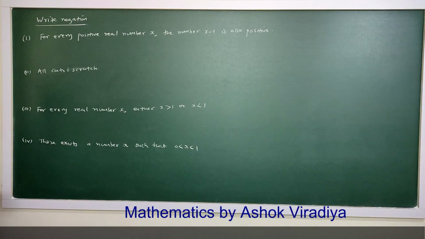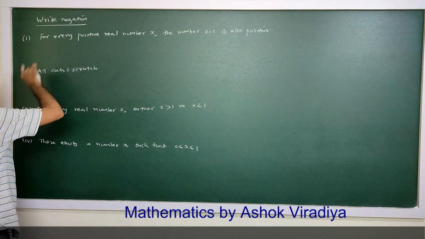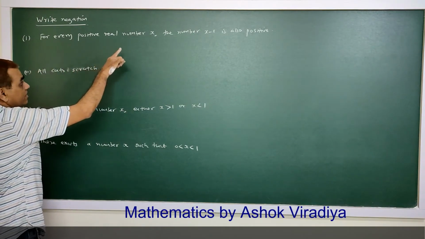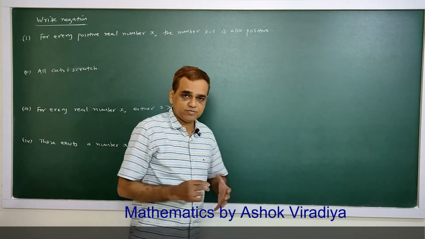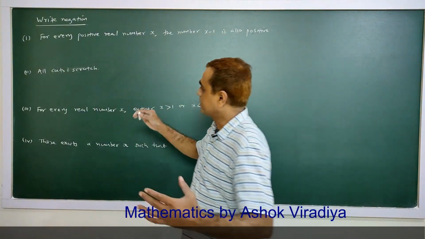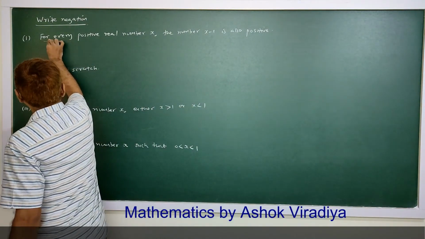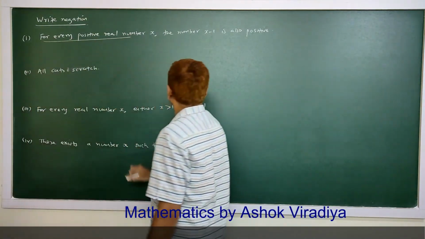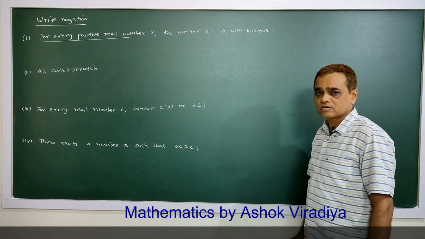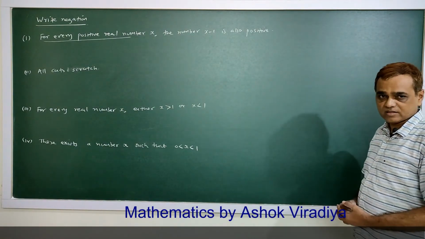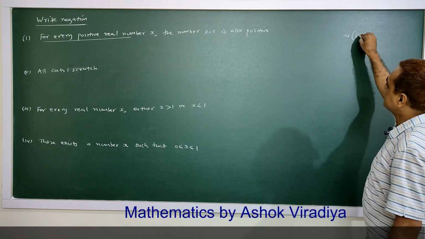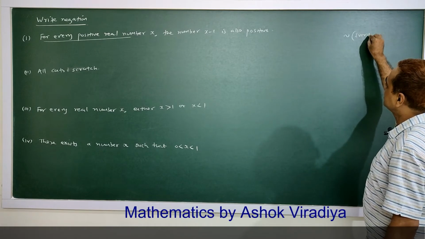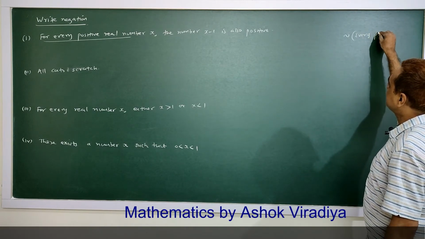Now write a negation. So here the statement is: for every positive real number x, the number x minus 1 is also positive. A property is given for every positive real number. So a quantifier is given, and we want the negation of any statement beginning with the word every.